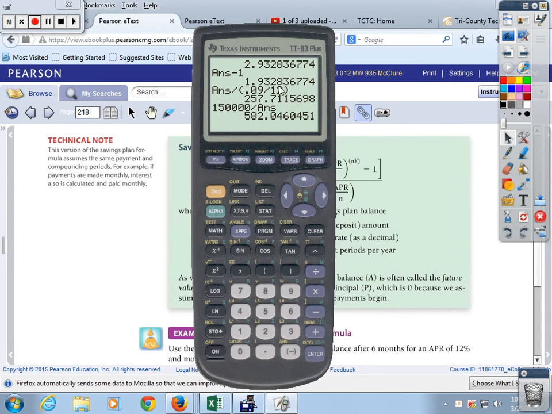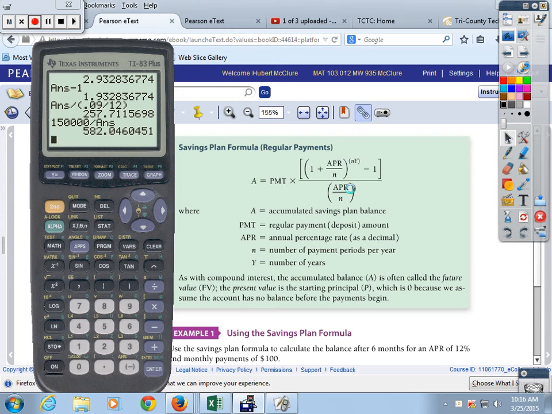Now, should you write this down with your compound interest formula as something very good to know in the real world? Yes. So you need to write that down. Now, the only thing I would do probably to make it a little bit easier is I would rewrite it, and I would take all of this and then multiply it by n over APR, and that way it's not as yucky.